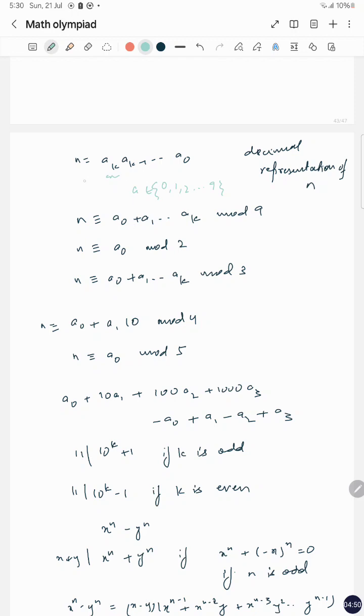So the meaning of this is this: N is equal to A0 plus A1 into 10 plus A2 into 10 square, up to A_k into 10^k. If we subtract the sum of these digits A0 plus A1 up to A_k from this, A0 gets cancelled.